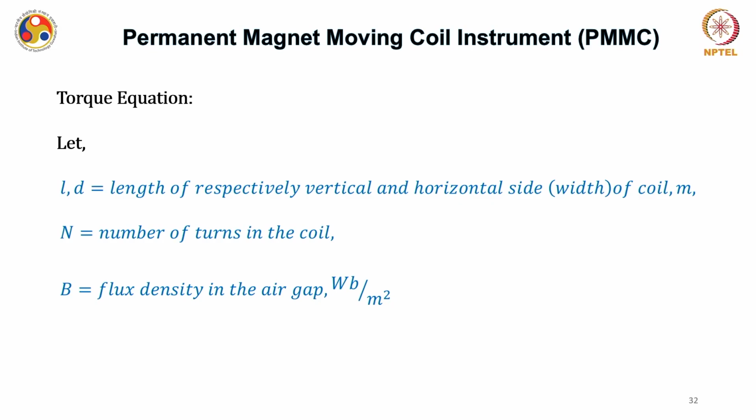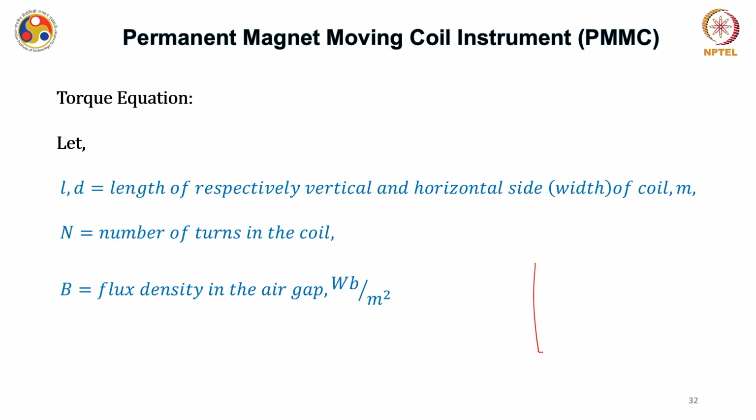Now, once we have understood the construction, it becomes very easy to derive the torque equation for this kind of instrument. Okay, but before we actually derive, let's see some of the parameters that we are going to use in our equation. So L and D are the length of the vertical and horizontal side of the coil.